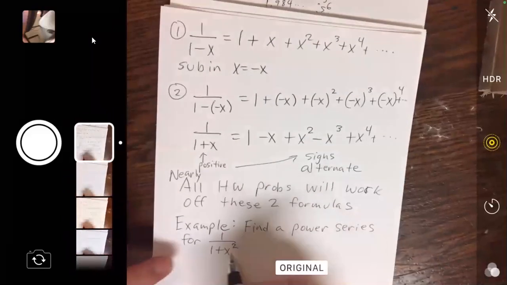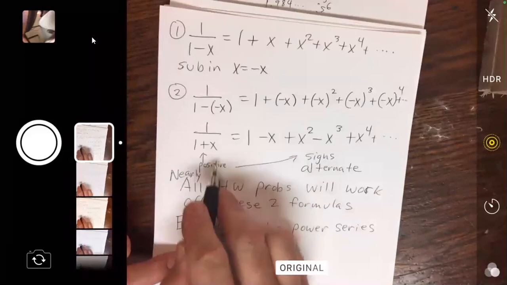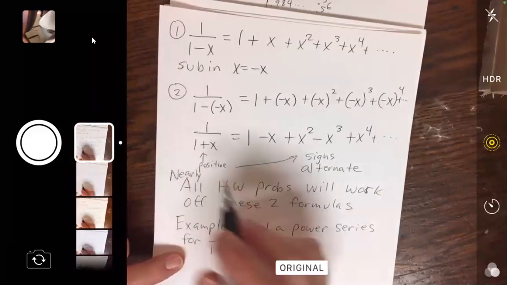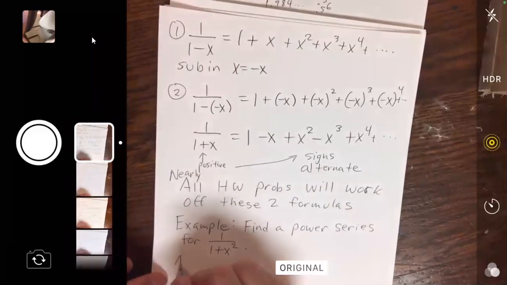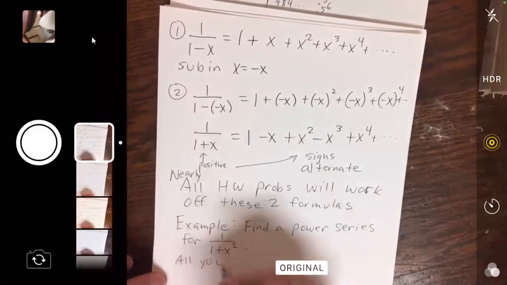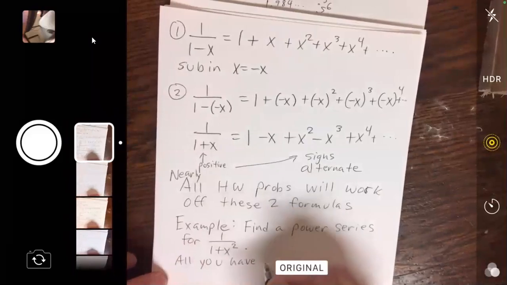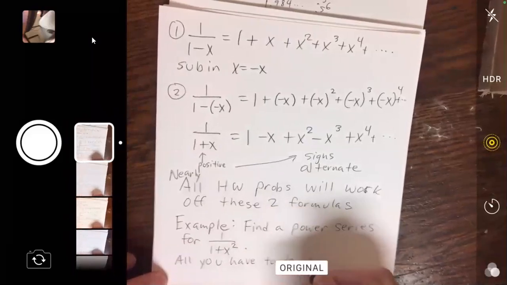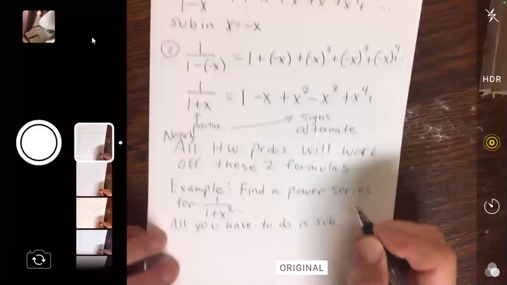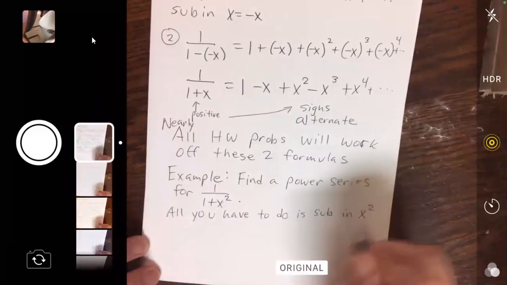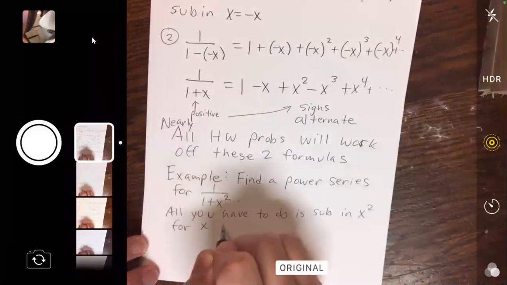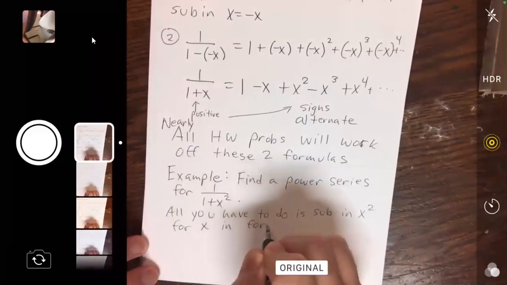Well, you know it matches formula 2 here. All you have to do is sub in x squared for x in formula 2.